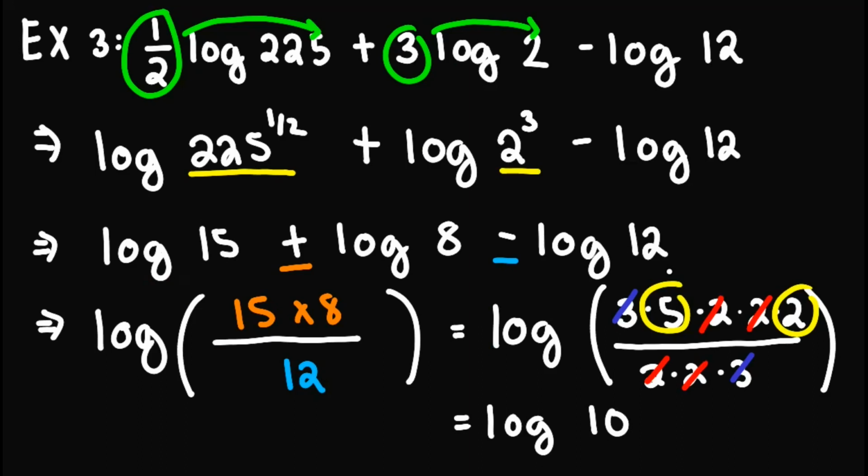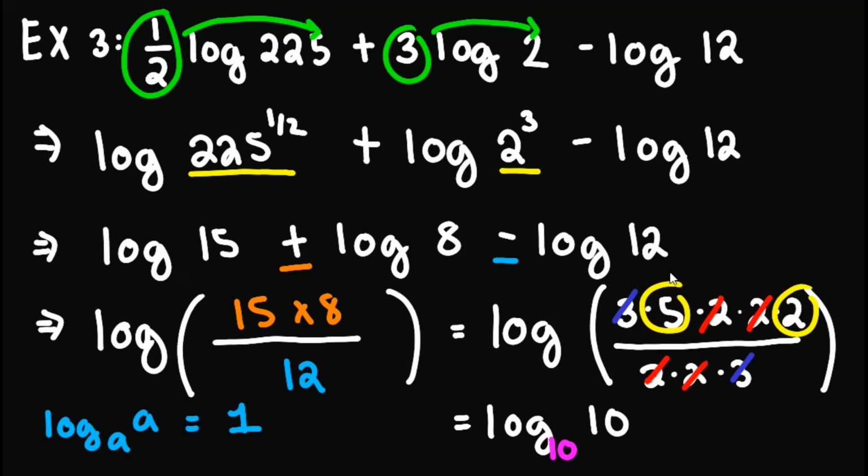But note that, again, if the base here is missing, then this is simply base 10. So we've got the logarithm of 10 with respect to base 10. So what does that mean? Recall that from a property of logarithm, so let's write it out here, if we've got the logarithm of a with respect to base a, the outcome is simply 1.